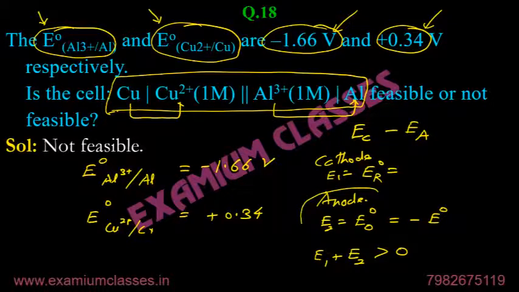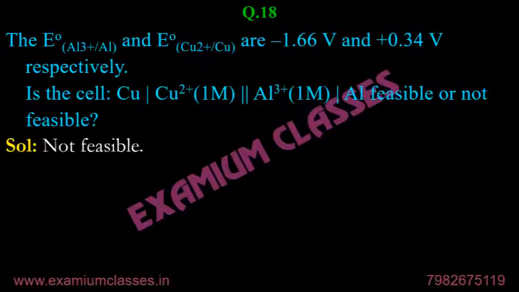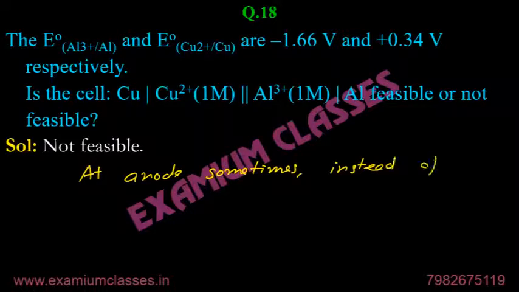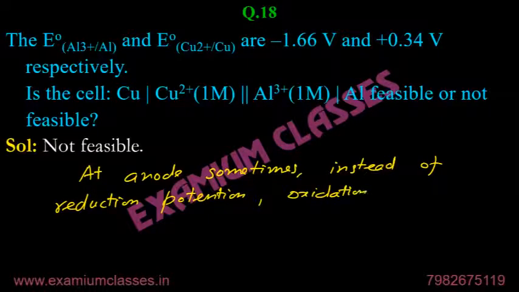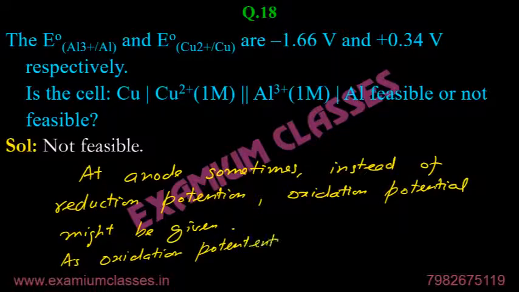At anode, sometimes instead of reduction potential, oxidation potential might be given, as oxidation potential is the negative of reduction potential.